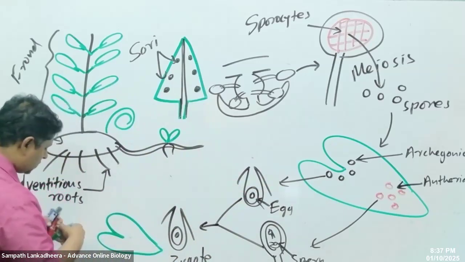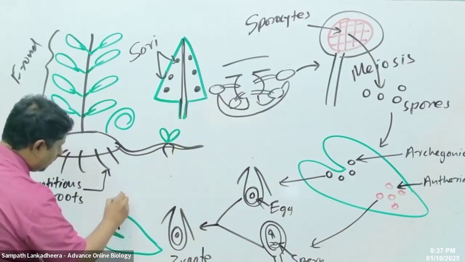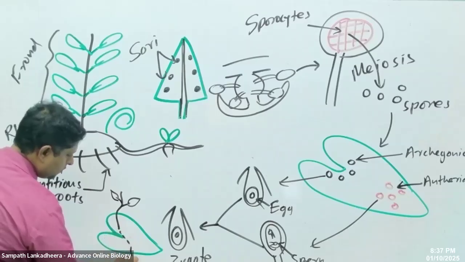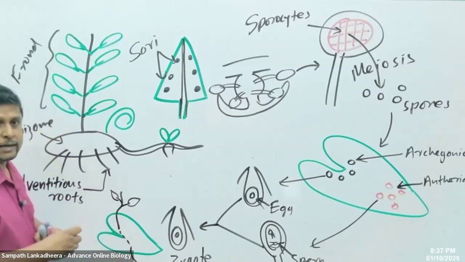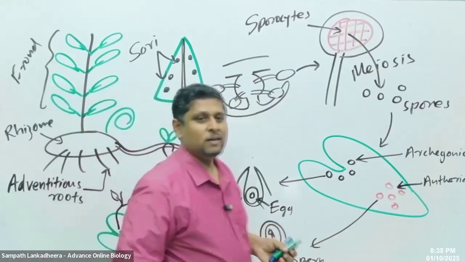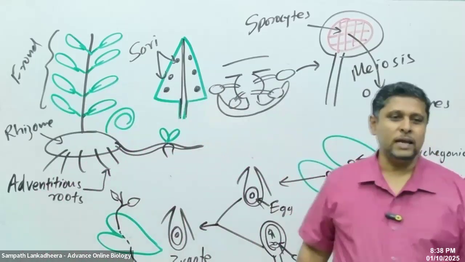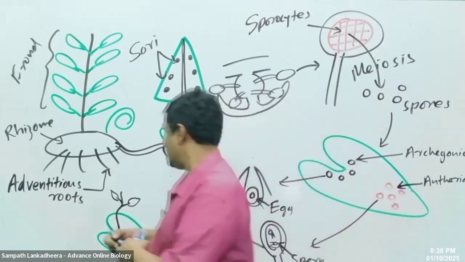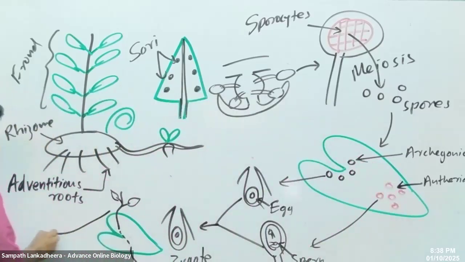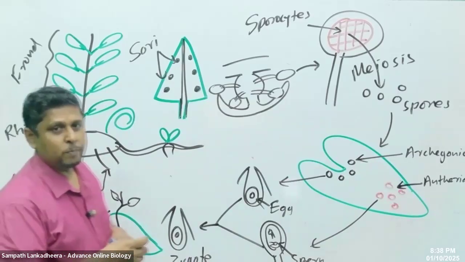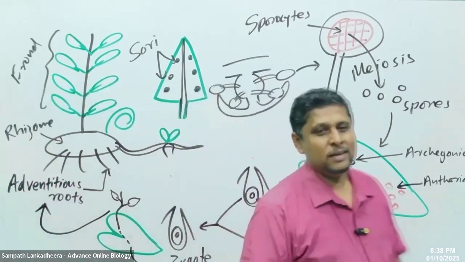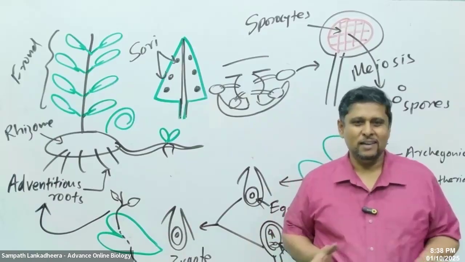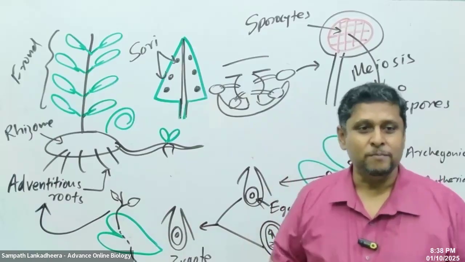The embryo forms like this, and as it grows it becomes a young sporophyte and then grows into the mature sporophyte. So this is the summary of this life cycle.